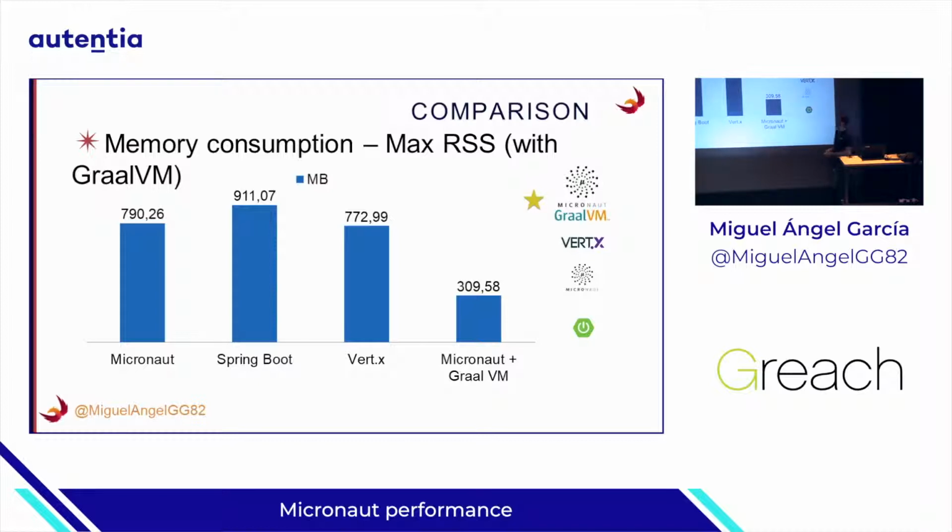And as you can see about memory consumption, this parameter, maximum resident set size, once again, Micronaut plus GraalVM has the best performance. More or less the same for Micronaut and Vert.x, and the worst is Spring Boot.